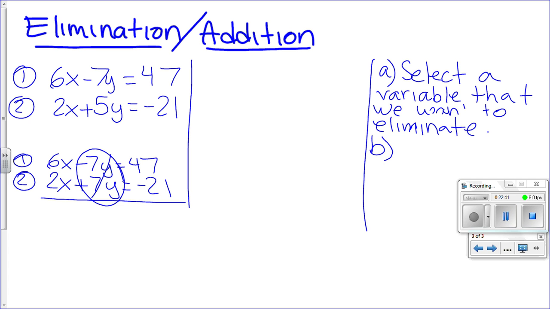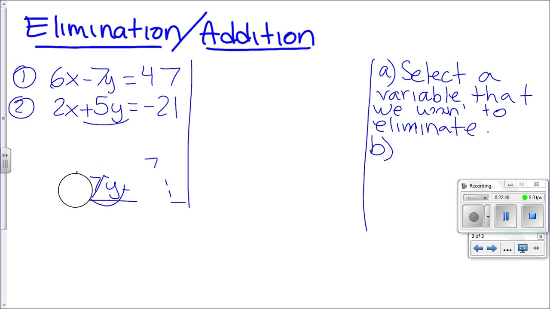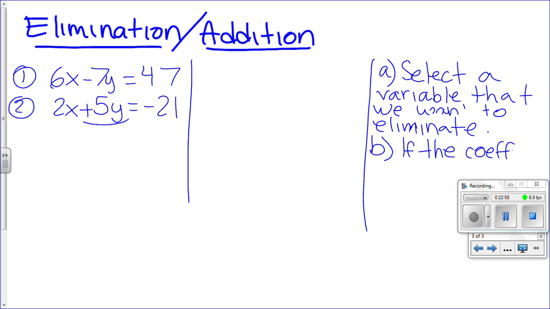Now, that is not the case with our system. We have a positive 5y and a negative 7y. So what we're going to have to do, let's say, if the coefficients are not opposites, remember the term opposites, that refers to the same coefficient, same variable, but opposite sign.